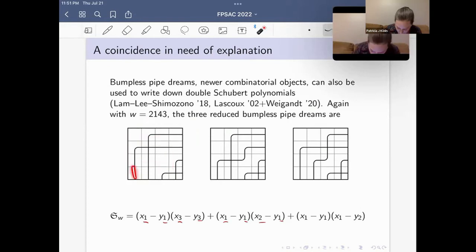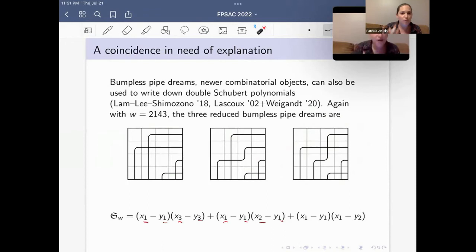And we droop the pipe from that downward facing elbow into the blank tile. So here it is drooped in that way. Our other option is to take the downward facing elbow here and droop it into this blank tile there. So when we do that droop move, we get this bumpless pipe dream over here.